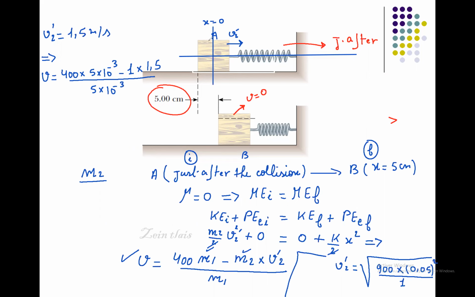We calculate the value equals to 1 m per second. So this is the value of the bullet after the collision.